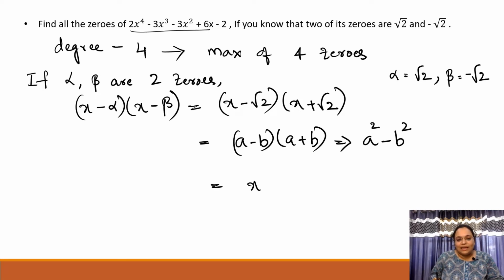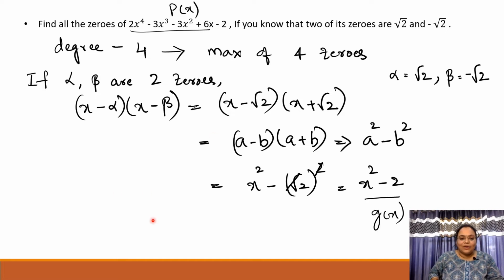So this will be x square minus root 2 whole square. Square and root will get cancelled, which is x square minus 2. We can take this polynomial as p of x and we can take this polynomial as g of x. Now let us divide p of x with g of x and find the remaining zeros.